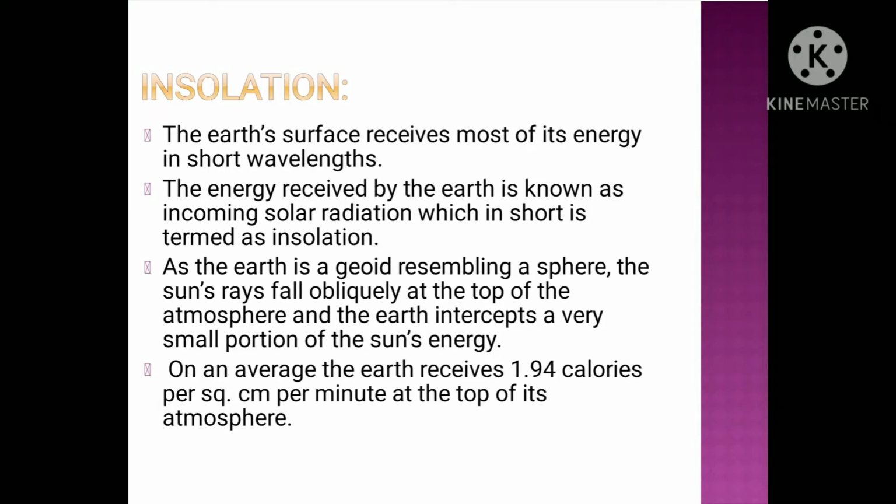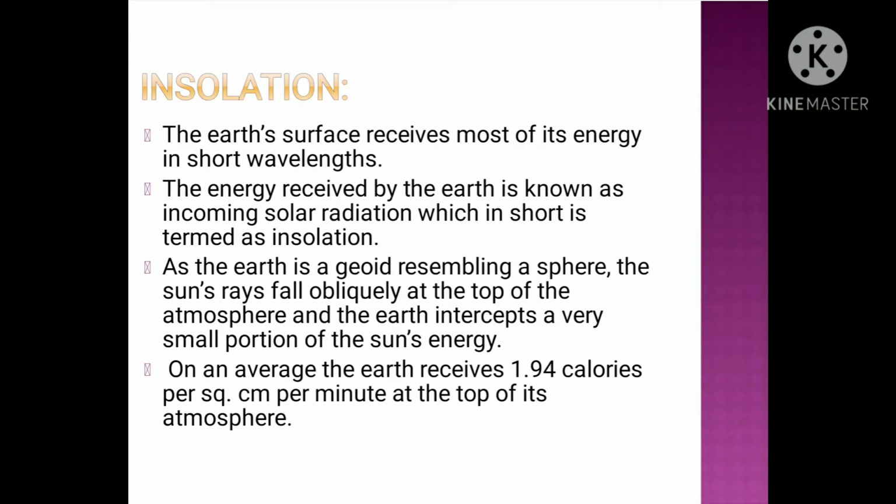The sun rays fall obliquely at the top of the atmosphere, and the earth intercepts a very small portion of the sun's energy. On an average, the earth receives about 1.94 calories per square kilometer per minute at the top of its atmosphere. So basically, what is insolation?